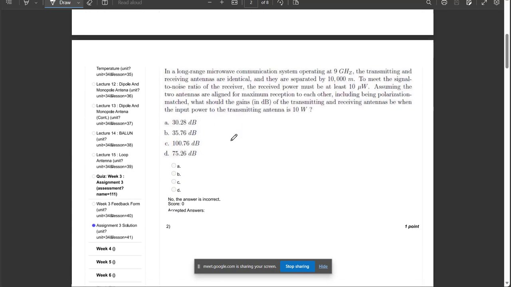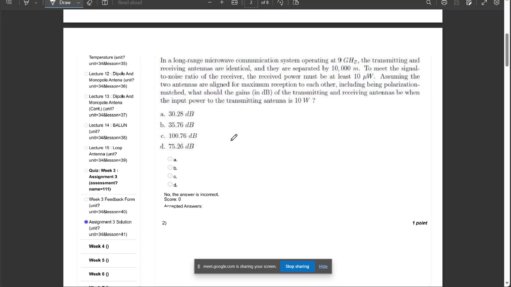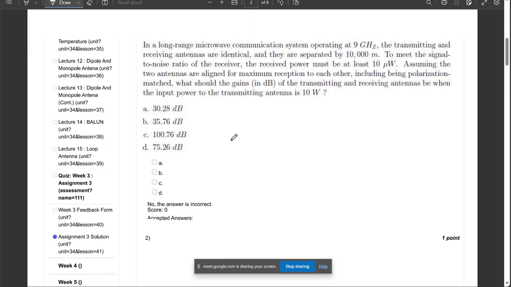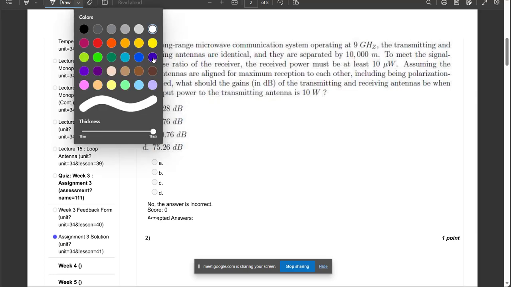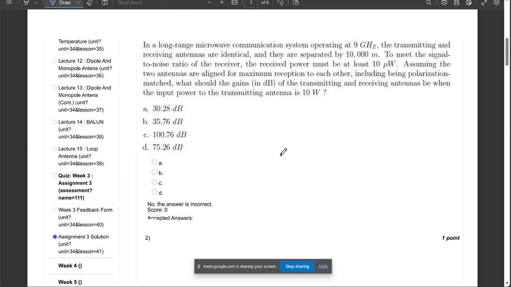Okay. Good. So, the first question is, in a long range microwave communication system operating at 9 gigahertz, the transmitting and receiving antennas are identical.